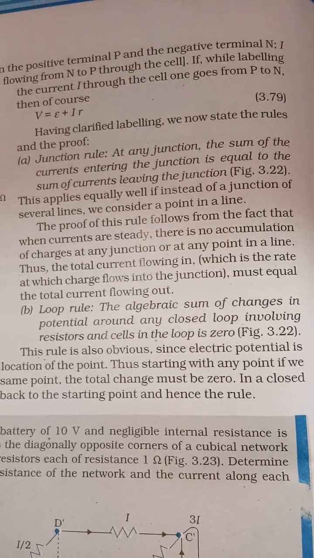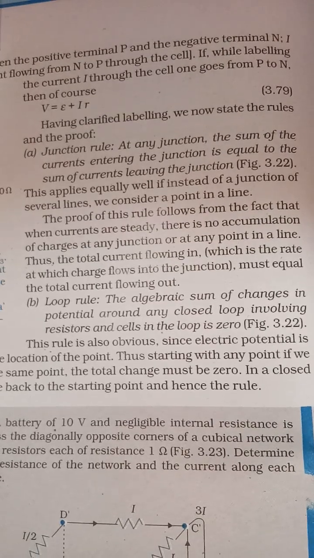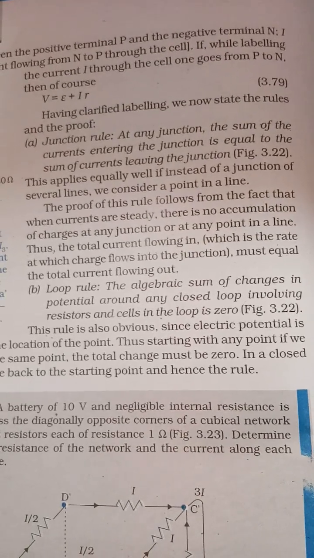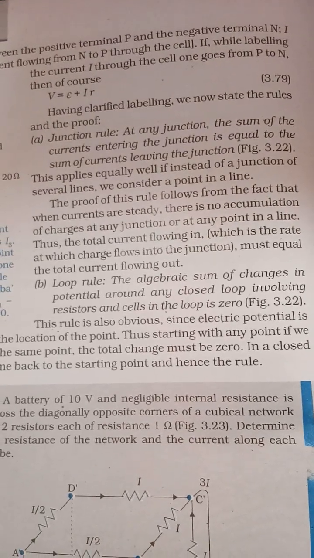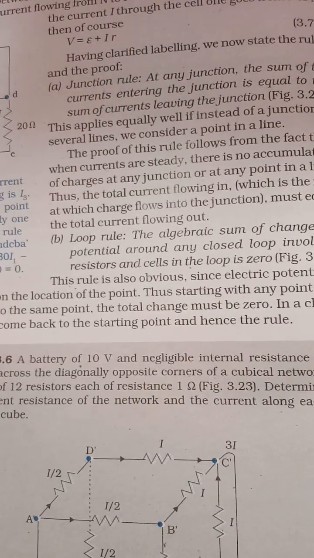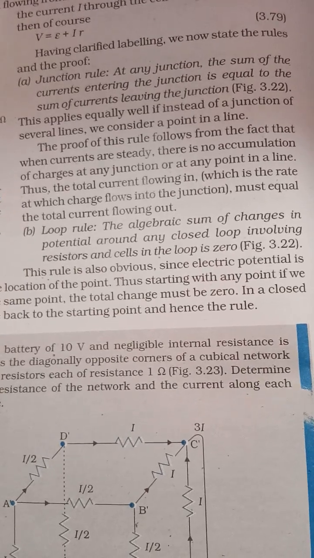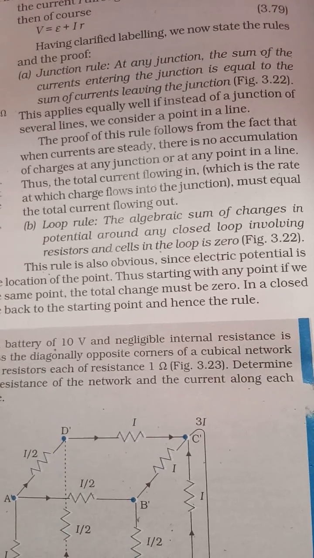Having clarified labeling, we now state the junction rule: at any junction, the sum of the currents entering the junction is equal to the sum of the currents leaving the junction, as in Figure 3.22. This applies equally well to the junction of several lines. We consider a point of a line.